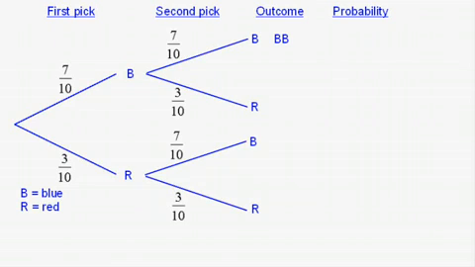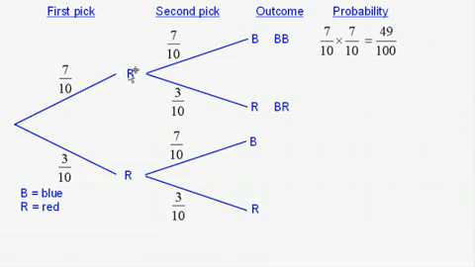Well, the outcome of this first branch is blue and then blue, so I've labeled it BB. And the probability is 7/10 times 7/10 because it's blue and blue. And if you remember, when you're ANDing 2 things, you multiply them together. That gives us 49/100.